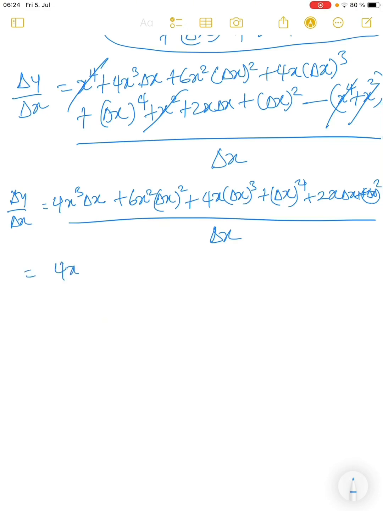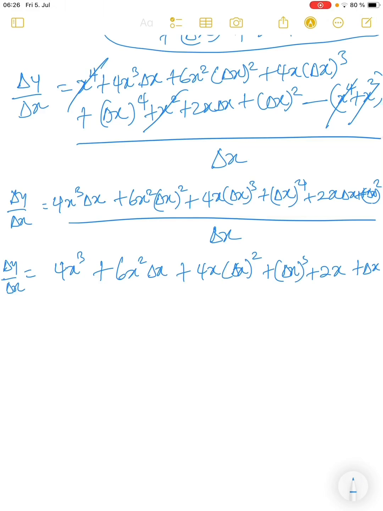If we divide, we have 4x power 3 plus 6x squared delta x plus 4x delta x squared plus delta x power 3 plus 2x plus delta x.